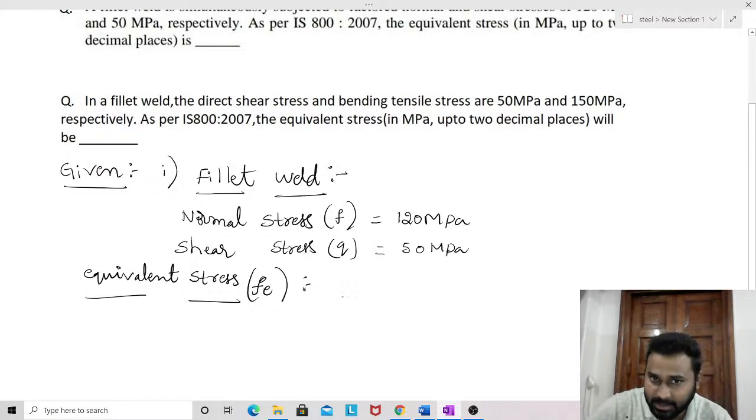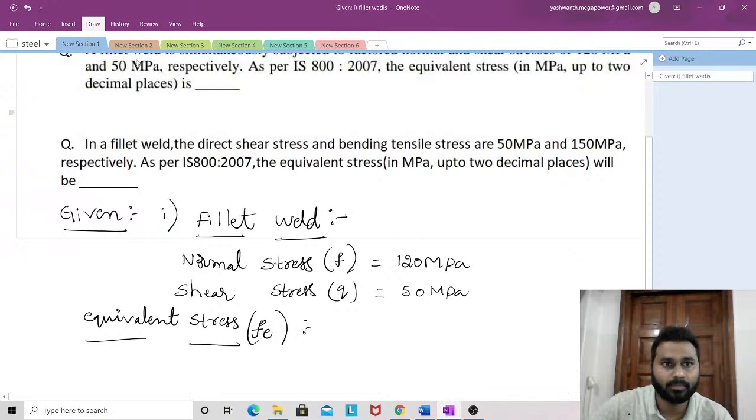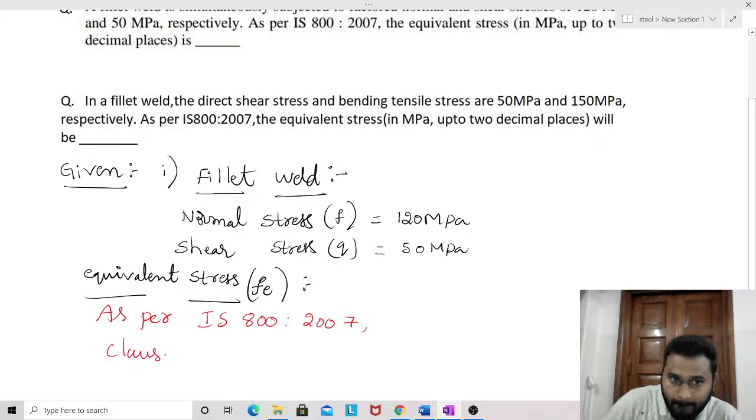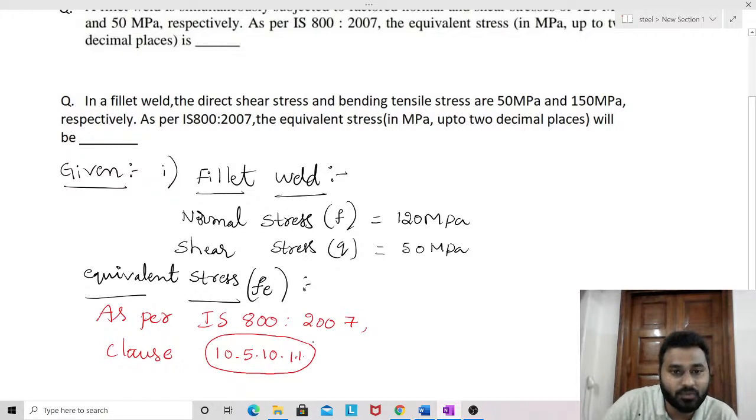So what is that clause here? I am mentioning the clause as per IS 800 2007: Clause 10.5.10.1.1.